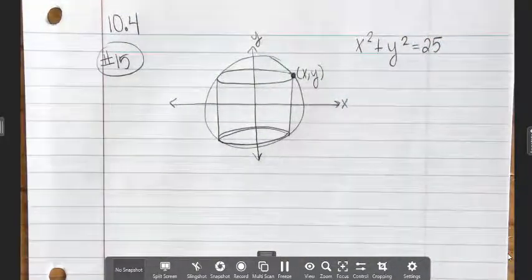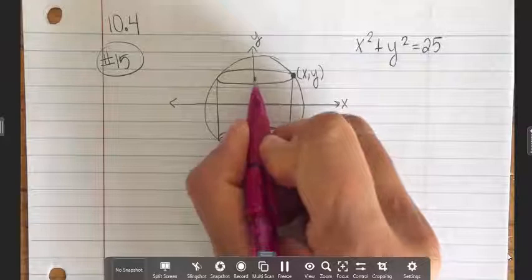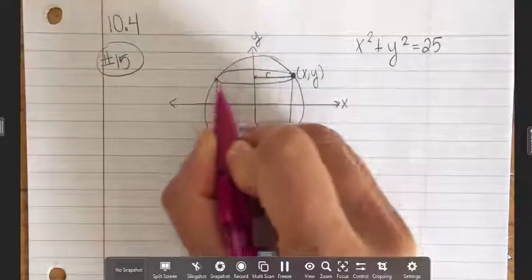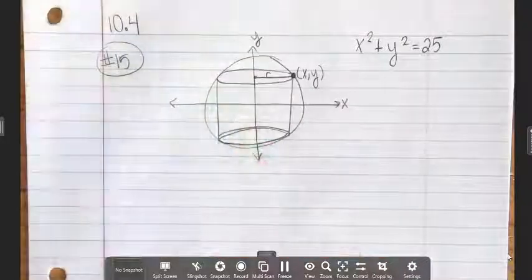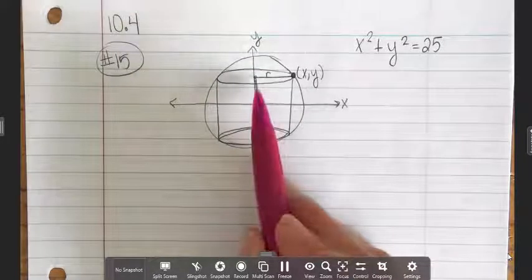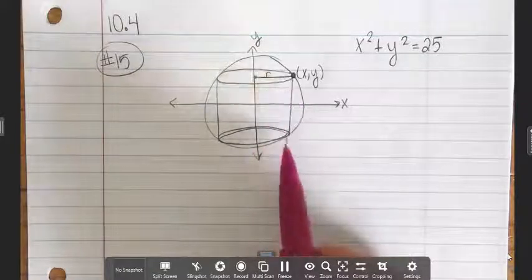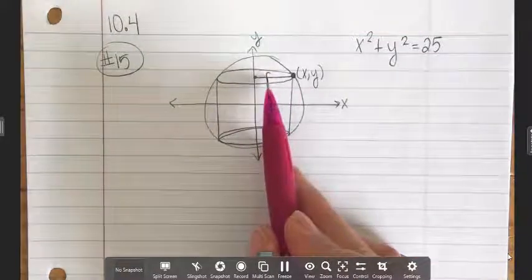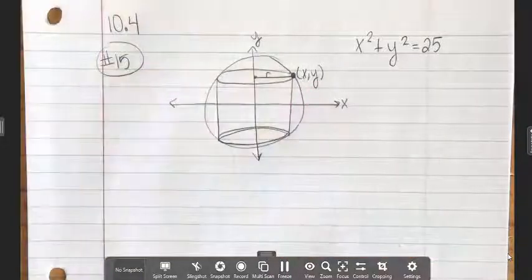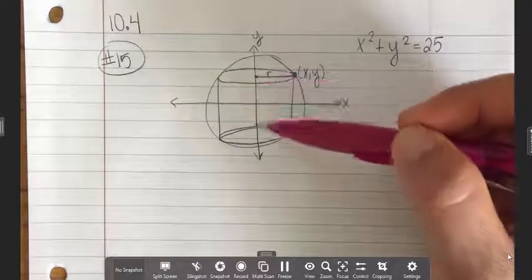So the next thing we should probably look at is the fact that this thing has a radius, right? I know I've done a terrible drawing here, but each of our bases in a cylinder is a circle. And so each base has a radius, and those radii will be equal. And that radius is actually represented by x. And then the cylinder also has a height, and that height is along the y-axis.